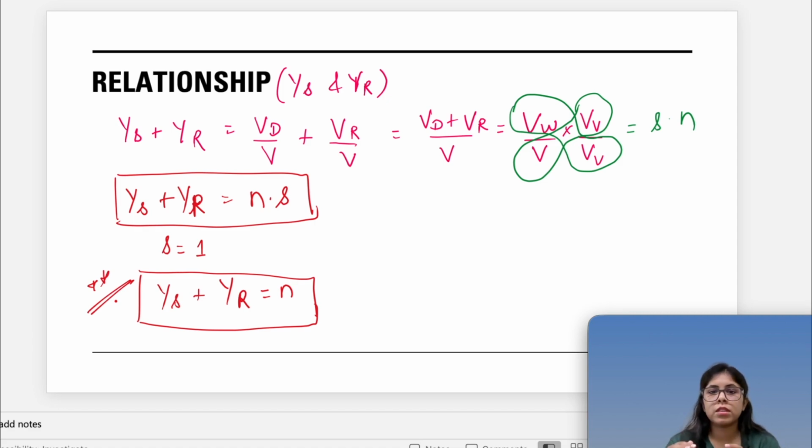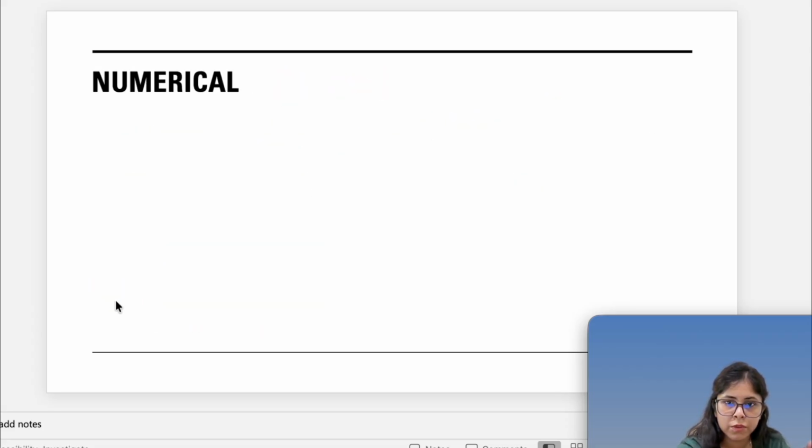Alright, so this is how we learned what specific yield is, what specific retention is, and the relationship between them. Now let's move on to numericals. Let's study one numerical.